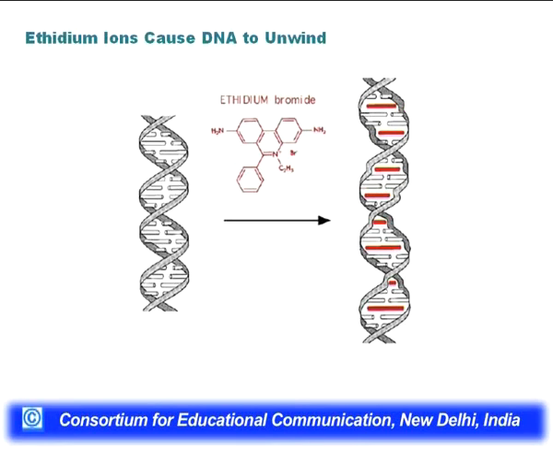As you can see, that is the DNA molecule, and those red lines are the ethidium bromide. When you add ethidium bromide to a DNA molecule, it intercalates between the two strands in the DNA helix, and this intercalation opens it up and reduces the twists, and therefore increases the writhes in closed circular molecules.